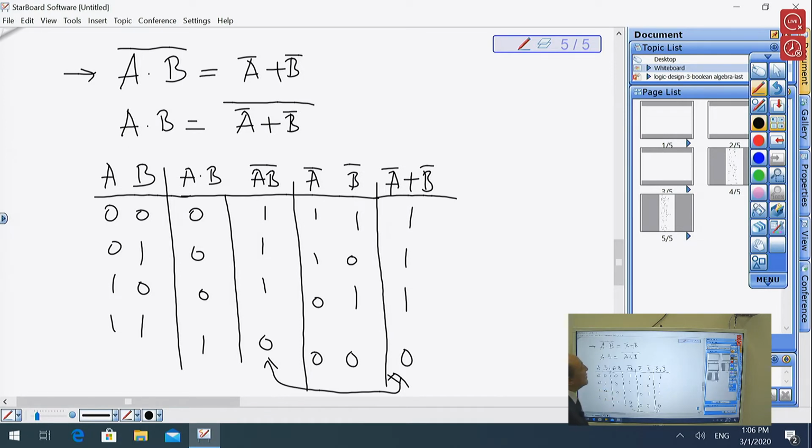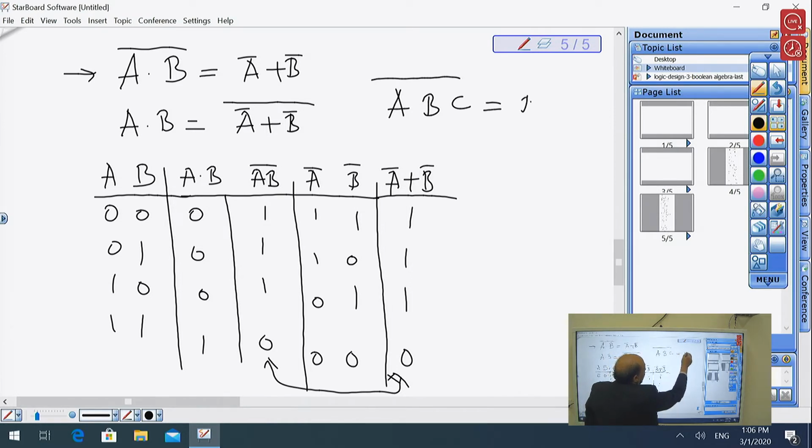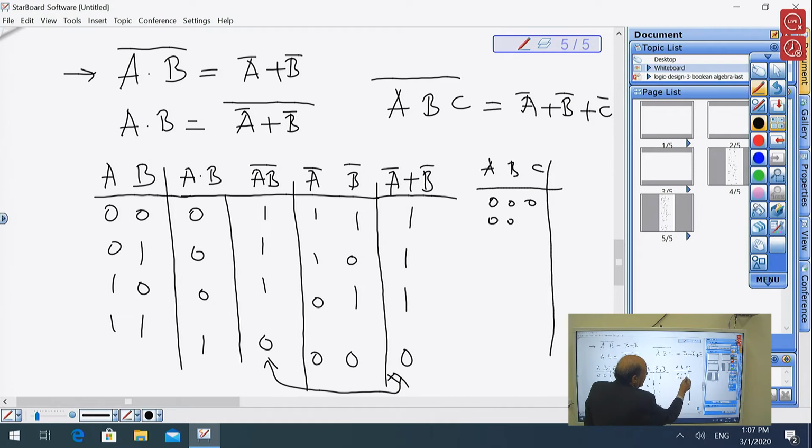So this is proved by means of truth table for the first De Morgan theorem. As an exercise, please prove it for 3 variables: A, B, C complemented equals not A or not B or not C. Do you see in the truth table, in this case, we have to list the 8 states from 0, 0, 0 to 1, 1, 1. Find the left side and the right side and see if they are equal.